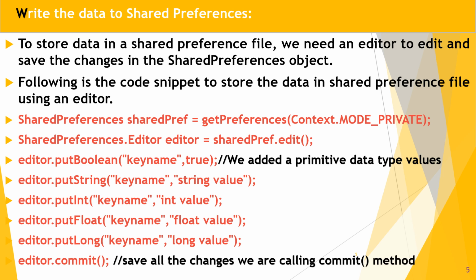Great. Then editor.commit, the commit method, to save the changes. So the editor.commit method saves all the changes. We want to make all these changes in the shared preference file permanently, so we save them by using the commit method. Guys, hope you understand this code part.